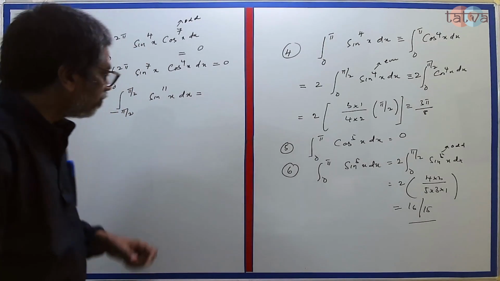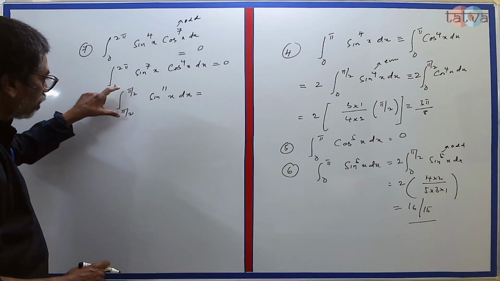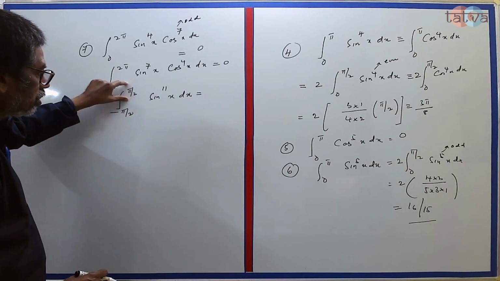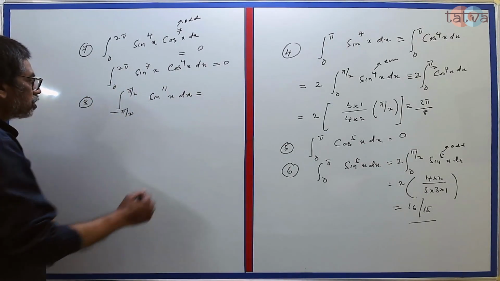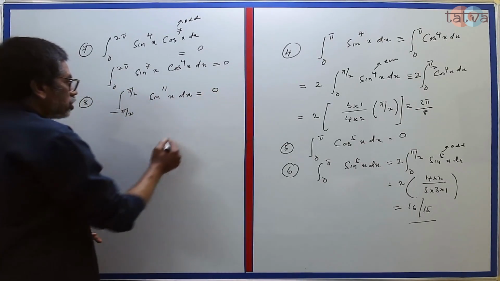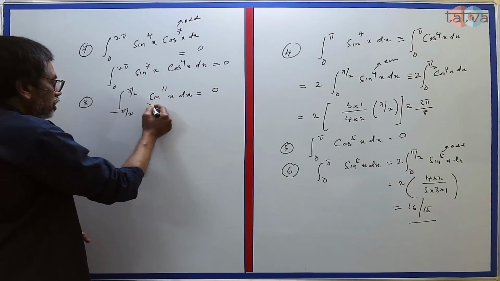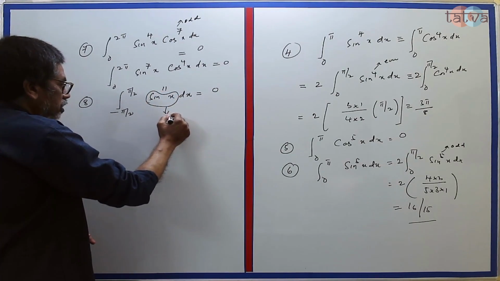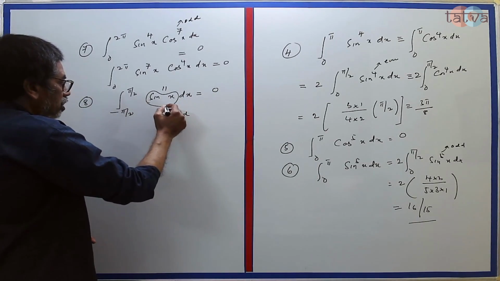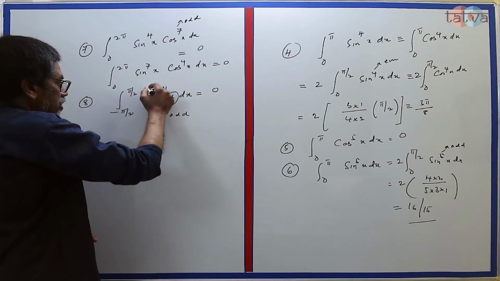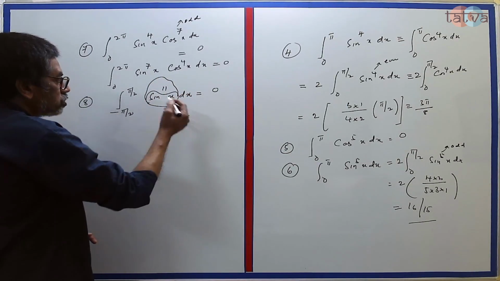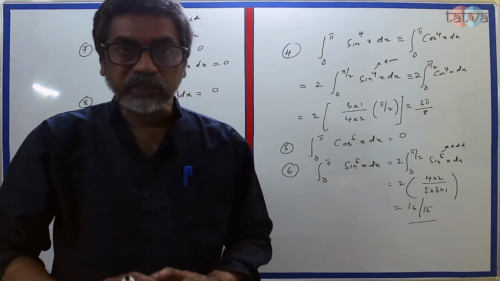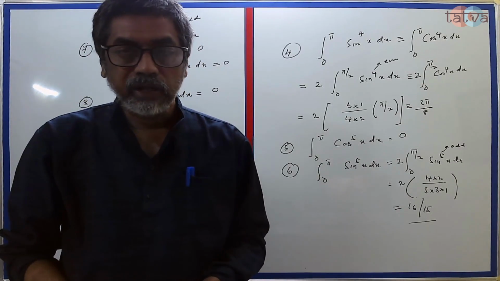So when you have a minus pi by 2 to pi by 2, or in general a minus k to k problem with such a situation, the output is 0 because sin x is an odd function. Not only that, sin x to an odd power is also odd.